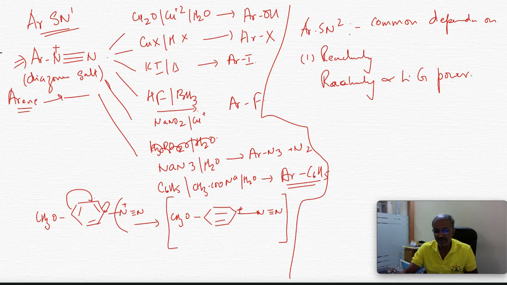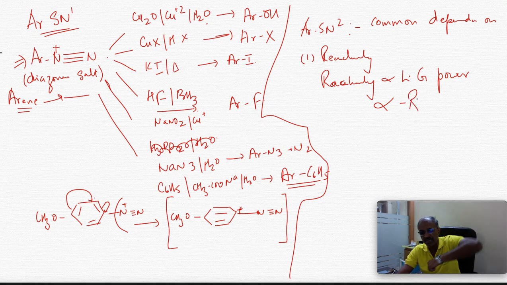That means I can say that reactivity is also directly proportional to the minus R effect. Minus R means electron pulling, a minus R group attached at the ortho and para positions.